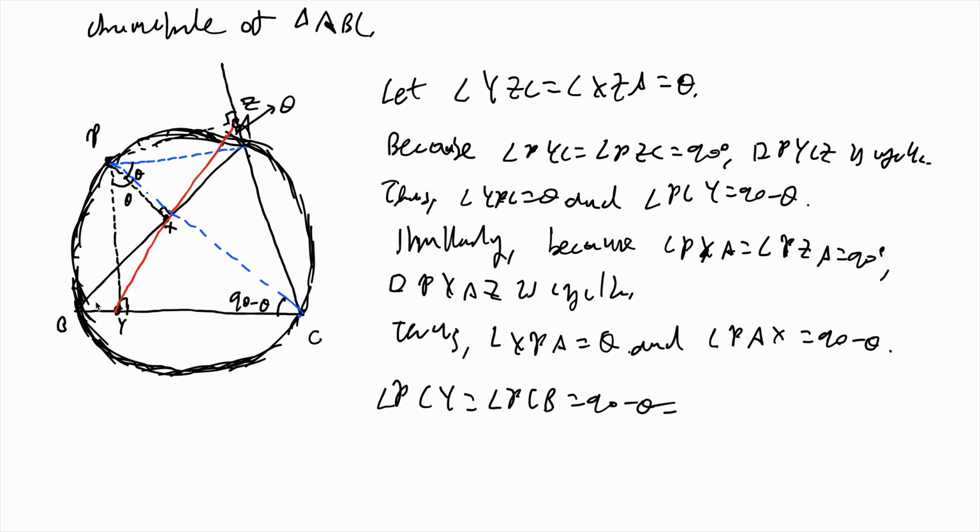And that's because we know that YC and BC are the same line. YC line and BC are the same line by construction, and we have angle PAX, which is also equal to angle PAB by construction.